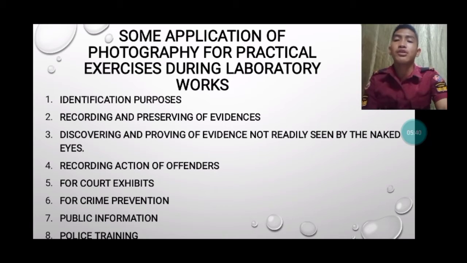Fourth is recording the actions of the offender. Fifth is for court exhibit, where we bring the image or captured evidence of a crime scene to court. Sixth is for crime prevention. Seventh is public information. And the last is police training.